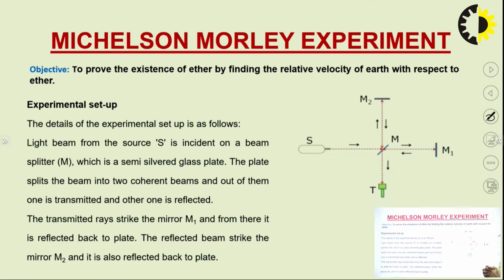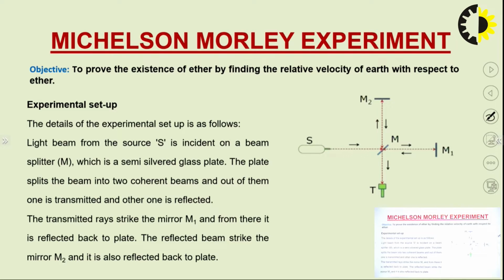Then we have a partially silvered glass plate at point M, held inclined at 45 degrees to the horizontal direction. Above this plate, we have placed a mirror M2 at some distance from M, and at the same distance we have kept another mirror M1 in the horizontal direction.